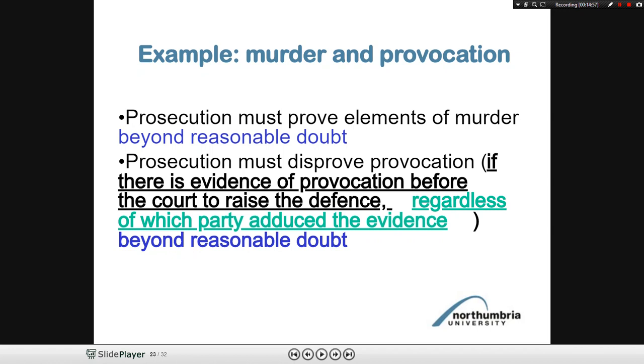The prosecution must disprove provocation beyond reasonable doubt if there is evidence of provocation before the court to raise the defense, regardless of which party adduced the evidence.